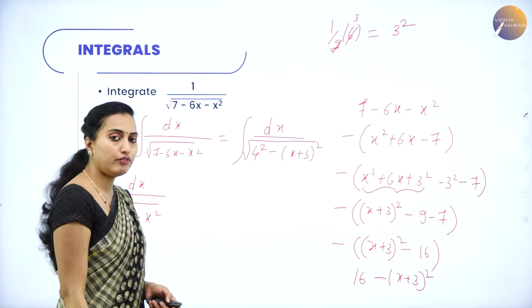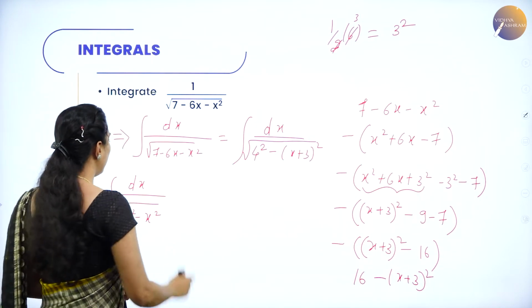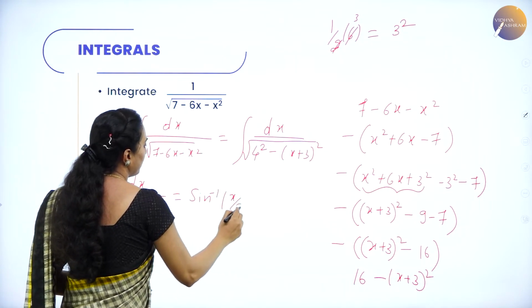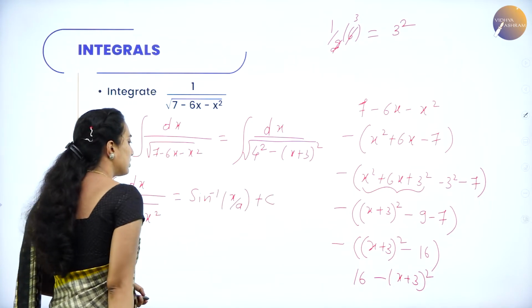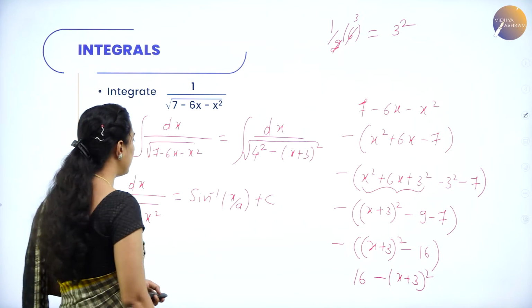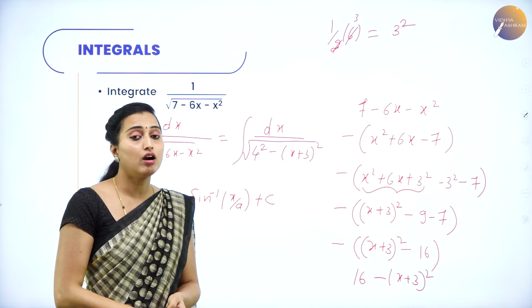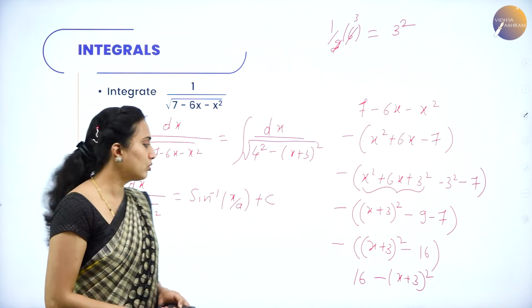Now integral of 1 over under the root of a squared minus x squared is given by sine inverse of x by a plus c. So x replaces x plus 3, a replaces 4.